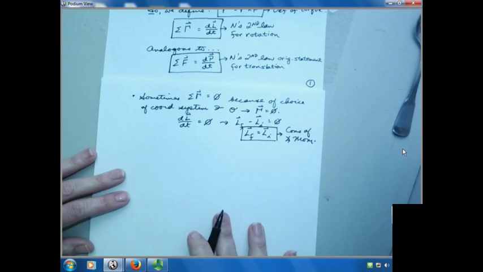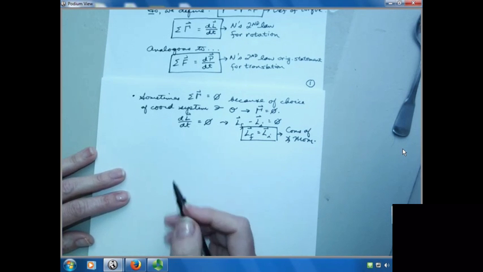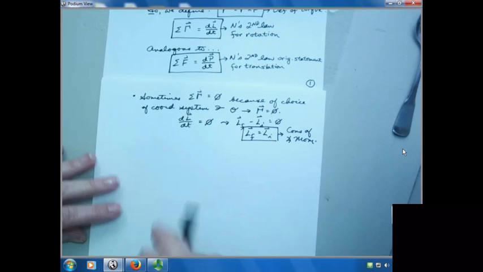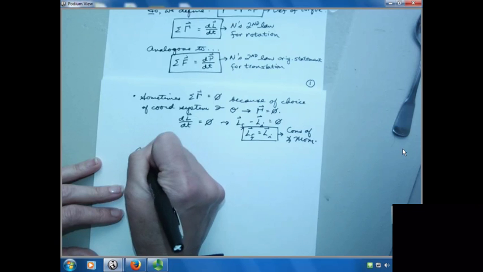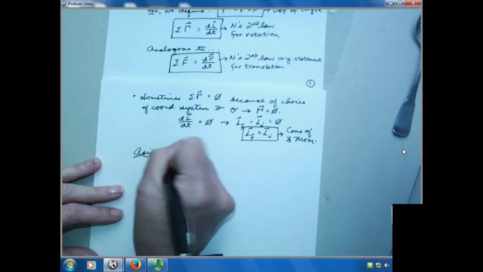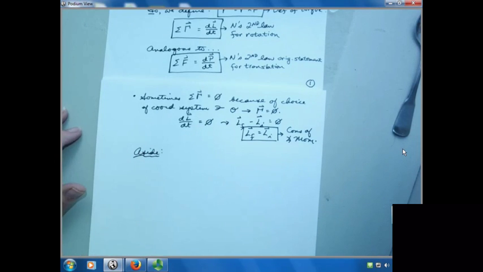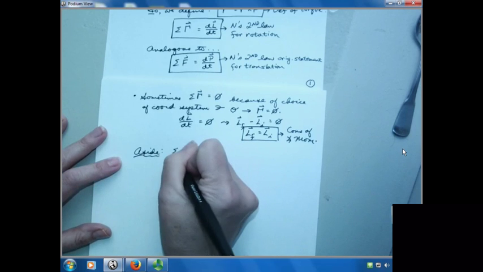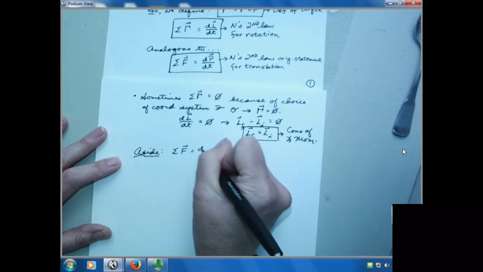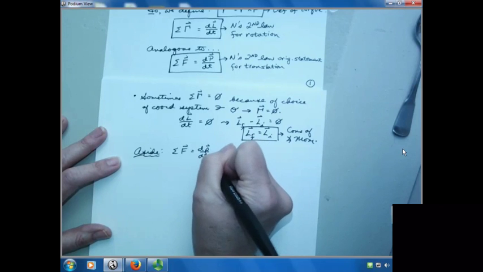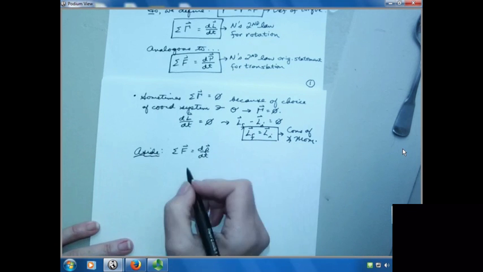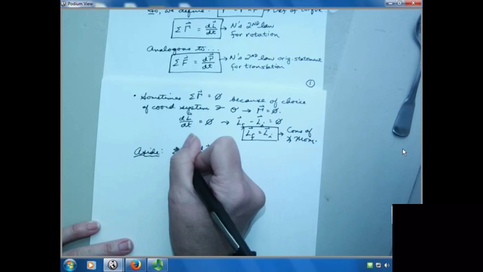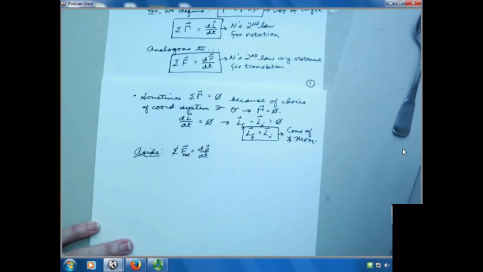So let's just, as an aside, remind ourselves of the conservation of momentum itself, translational momentum. Remember Newton's second law for translation in its original form: net force on an object is equal to the time rate of change of its momentum. We multiply both sides by dt, and I'm going to write this as F net instead of with the summation sign.